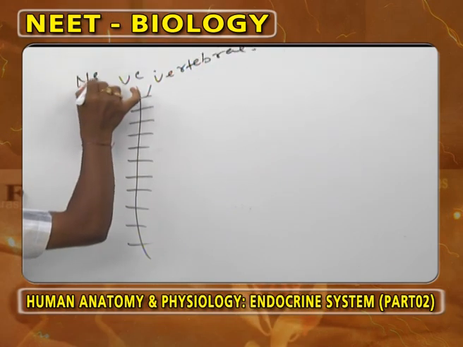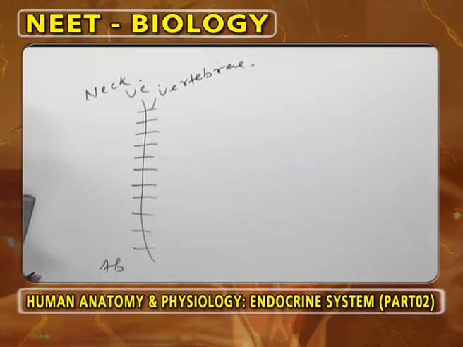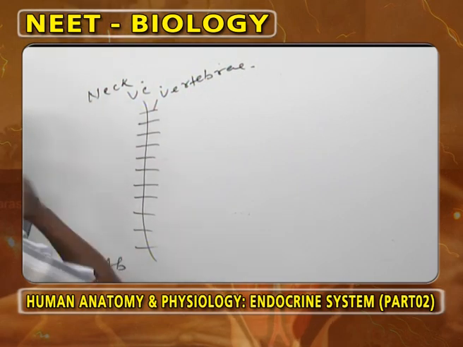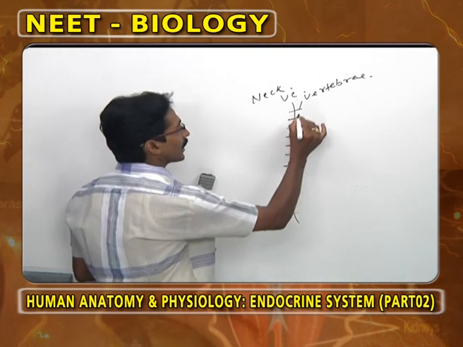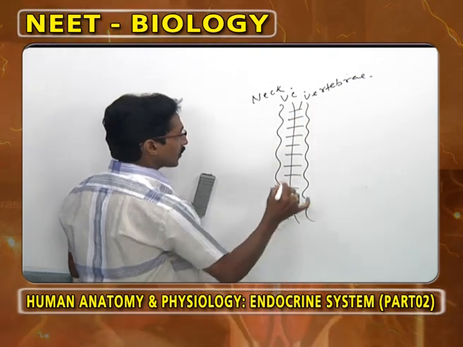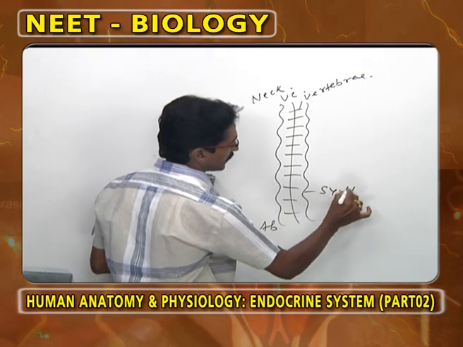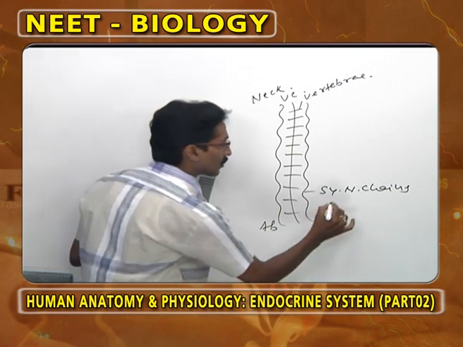This part is the neck, and this part is the abdomen. From the neck to the abdomen, on either side of the vertebral column, the sympathetic nerve chains are present.